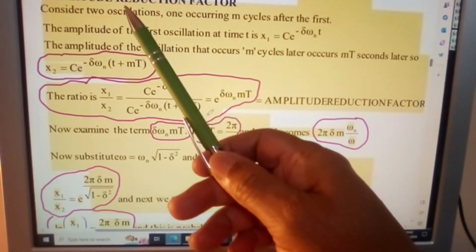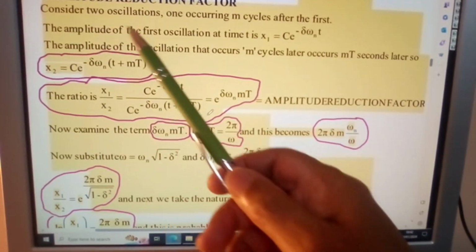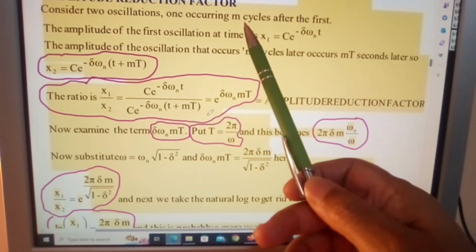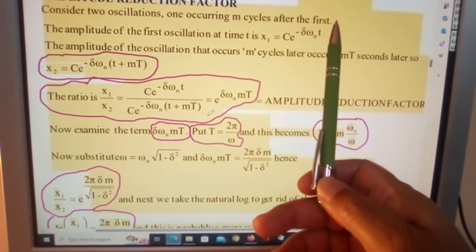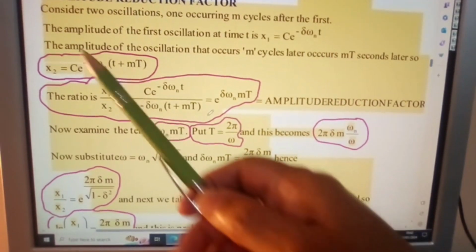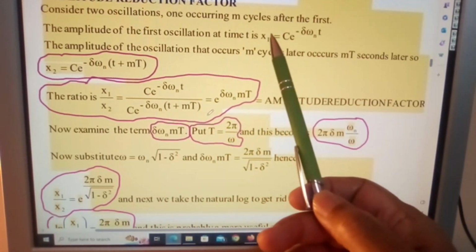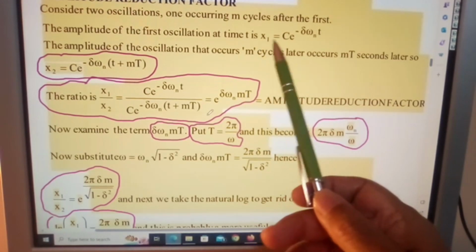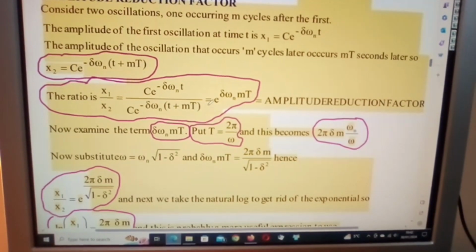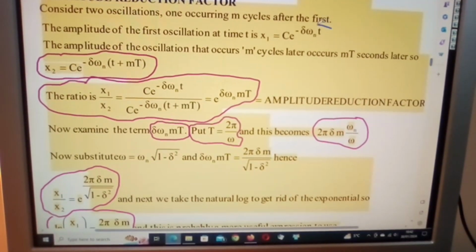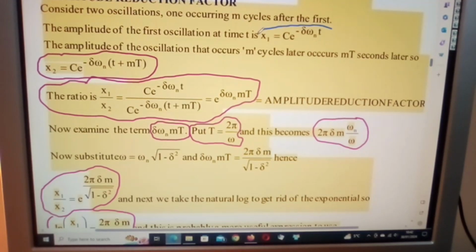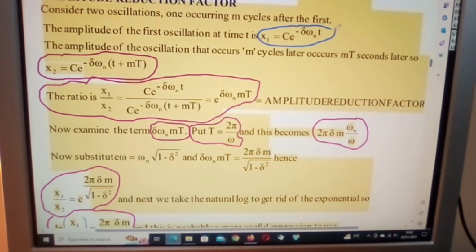Amplitude reduction factor. Consider two oscillations, one occurring m cycles after the first. The amplitude of the first oscillation at time t is this.